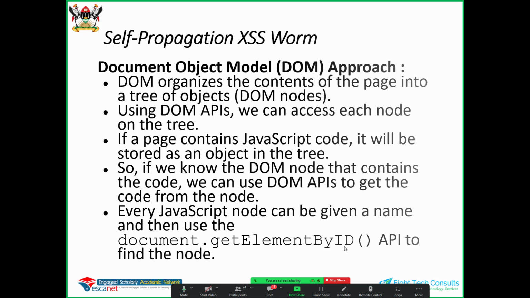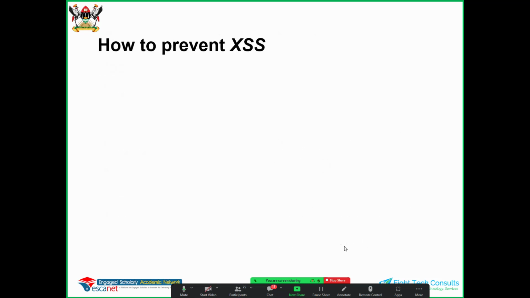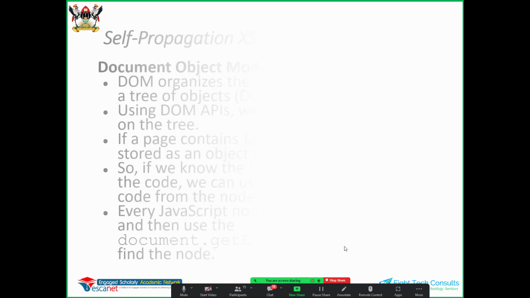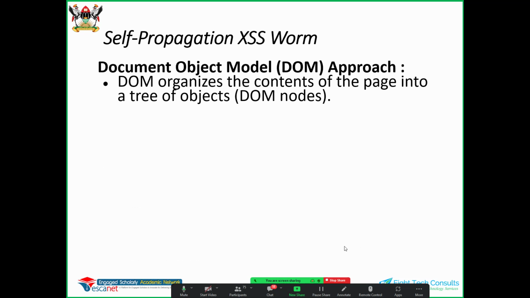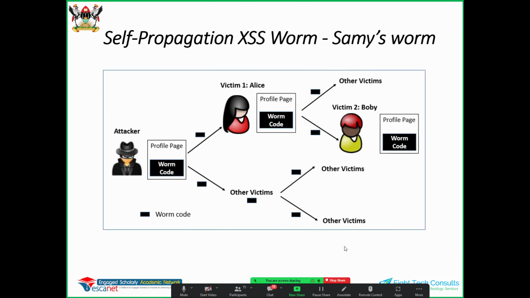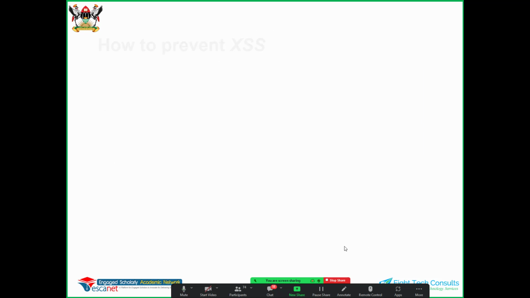So the API of the DOM is what we use to access a certain node in a website or in a web browser. So there are two ways we can demonstrate Sammy's worm: we can use the DOM, or we can use the link or the URL.